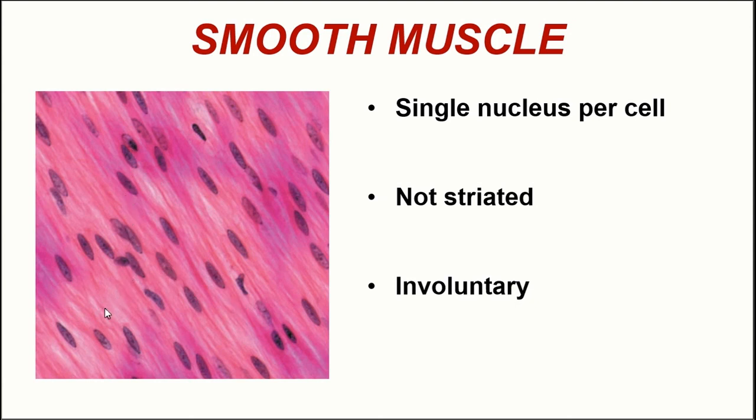It's called smooth muscle because, as you can see here, we don't see those striations like we see in cardiac muscle and skeletal muscle. And so for this reason, we call it smooth muscle, because it lacks those striations. And just like cardiac muscle, smooth muscle is not consciously controlled, so it falls under the category of an involuntary muscle tissue.